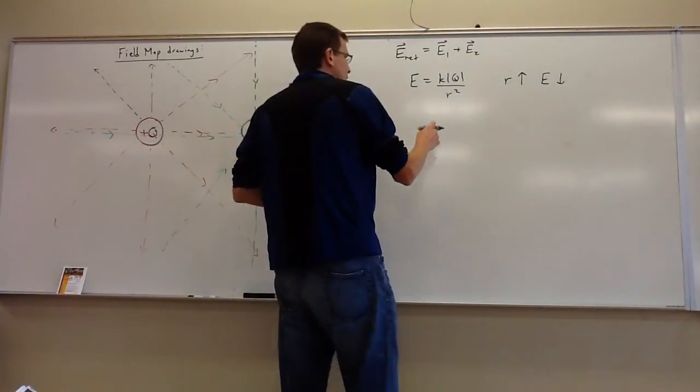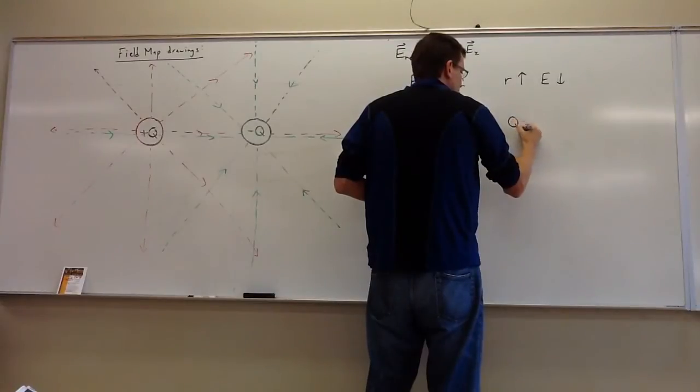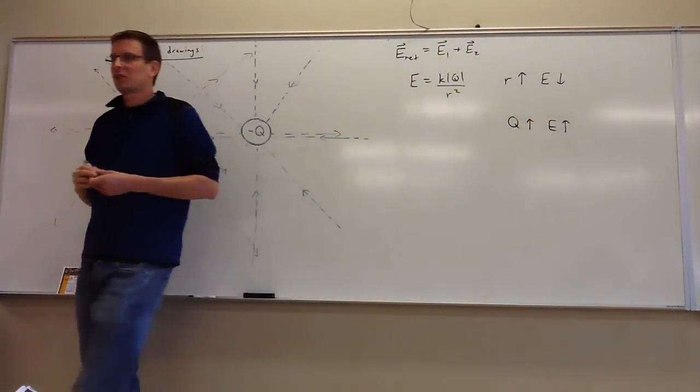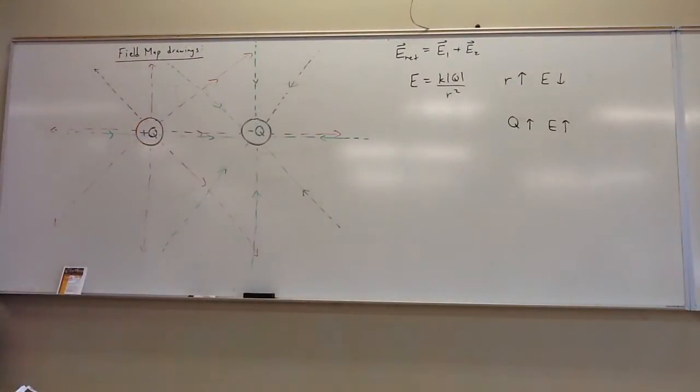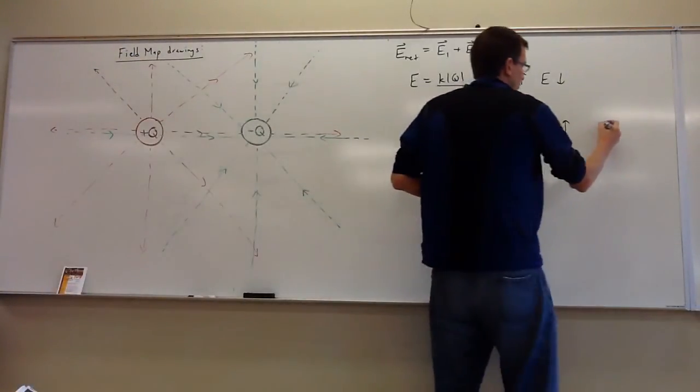And the other thing I do want to point out is that if you increase the charge, the electric field increases, all else being equal. So if you're at equal distances from a bigger charge, you'll feel a stronger field. Now these two are directly proportional.